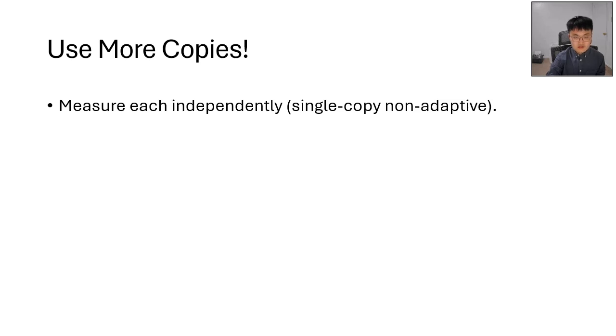So one way that we can learn about the state is to measure each copy independently using some measurement. Formally, this type of approach is called single copy and non-adaptive.